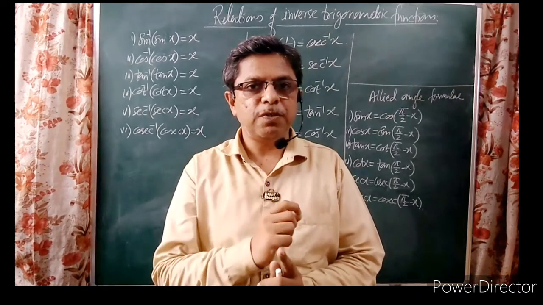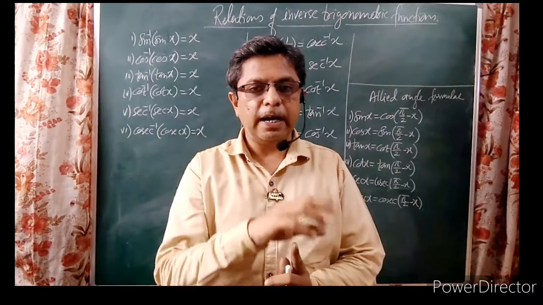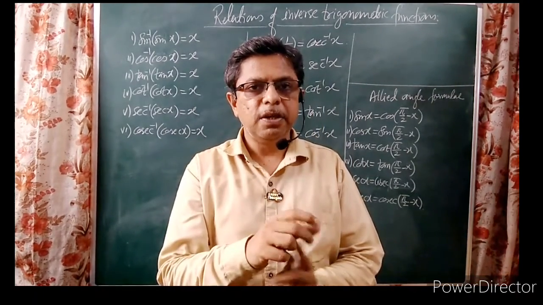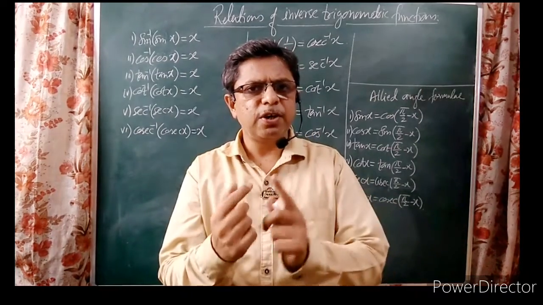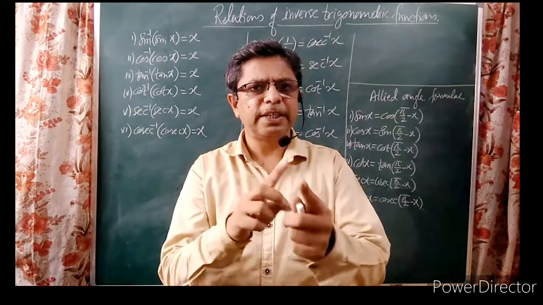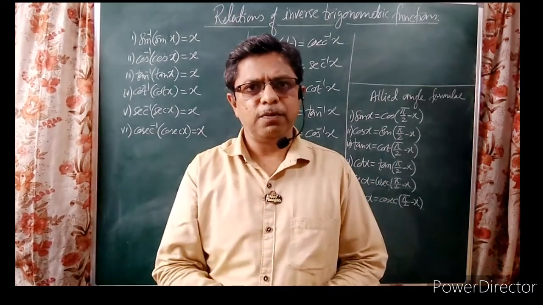So first we have to simplify the inner function, and after simplification we come to the state by which the inverse trigonometric function and trigonometric function cancel each other and we'll get a very simplified form to find the derivative.